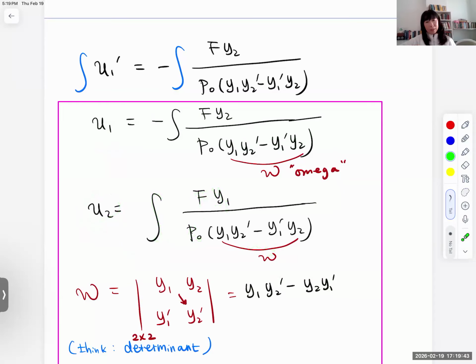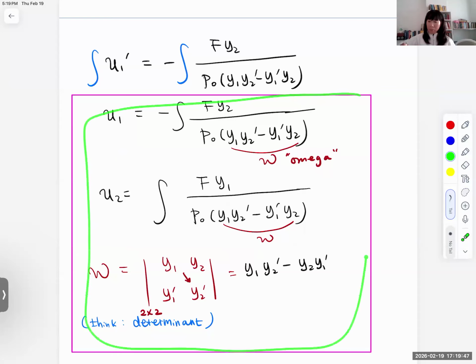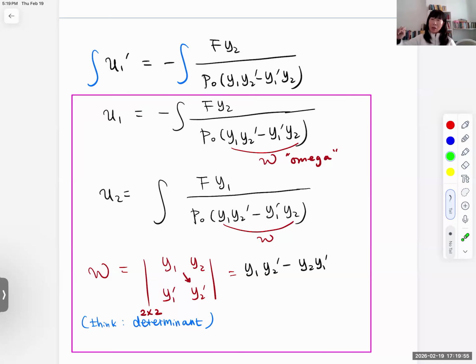Make sense? Okay, now this is the formula we're going to use for this section. All right? For what is called the variation of parameters. All right? Okay, now let's take a look at an example.